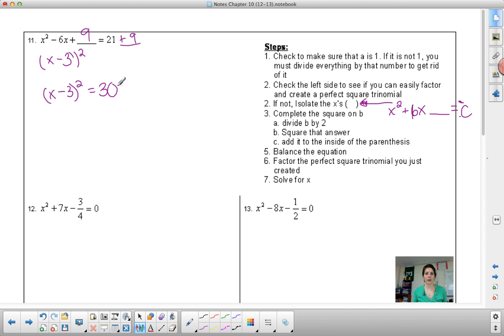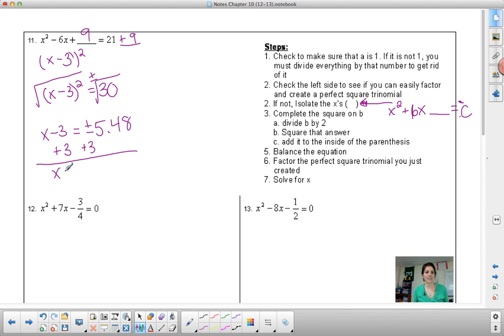And now I have something being squared, so I can take the square root of both sides. On the right-hand side, don't forget that means I need to consider both the positive and the negative of square root 30. So x minus 3, because square root undoes something squared, equals plus or minus 5.48. We don't want to know what x minus 3 is, we want to know what x is, so we add 3 to both sides.